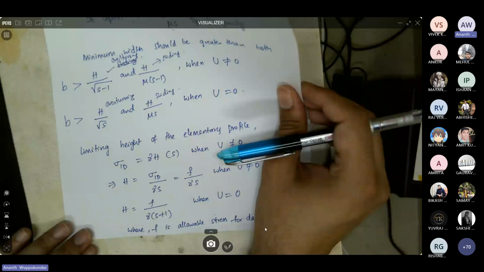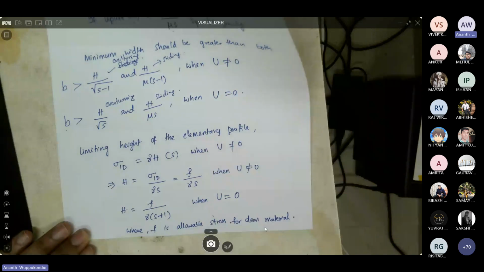And finally, what is the limiting height for the dam? For example, we have a material, concrete, and that concrete has an allowable stress of a certain value. And the height of the dam is also dependent on the allowable stress of the material of construction.